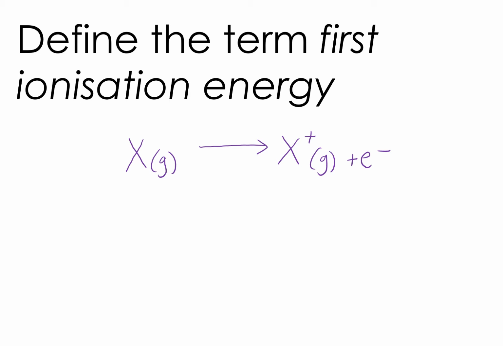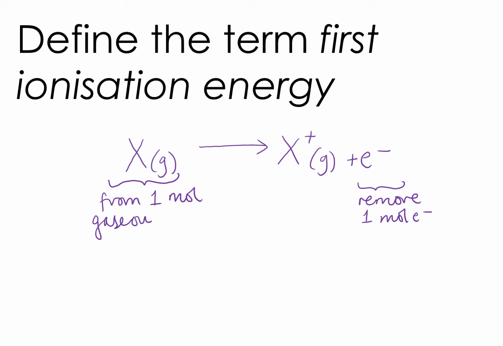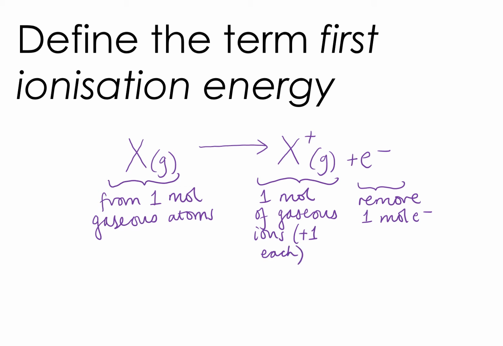So the first ionisation energy is the energy needed to remove 1 mole of electrons from 1 mole of gaseous atoms to produce 1 mole of gaseous ions with +1 charge each.